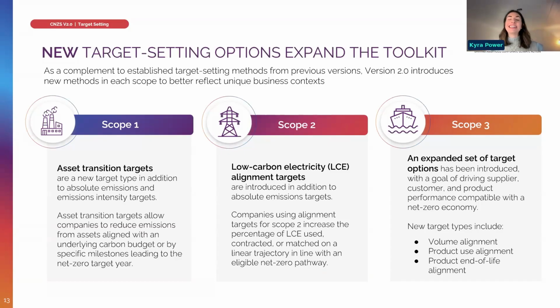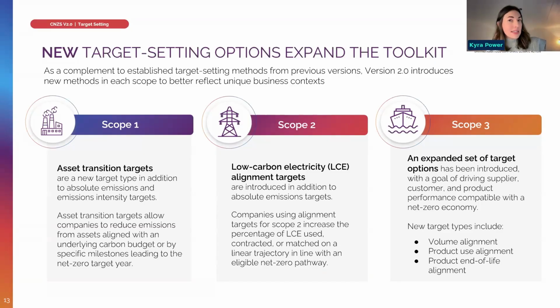For scope 3, companies can choose to set an overarching absolute emissions reduction target. They can set an overarching supplier and/or customer alignment target. That is an evolution of our prior supplier engagement target. There's a slight change in the term that we're using. Or they can choose to set targets at the individual category and activity level.